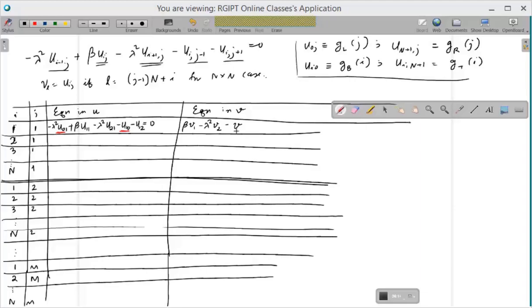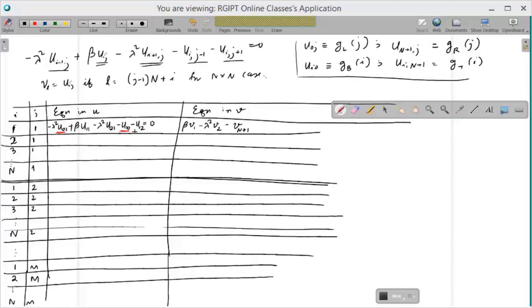v n plus 1. So let's see. u11 is v1, u21 is v2, u12 is vn plus 1. That's done.